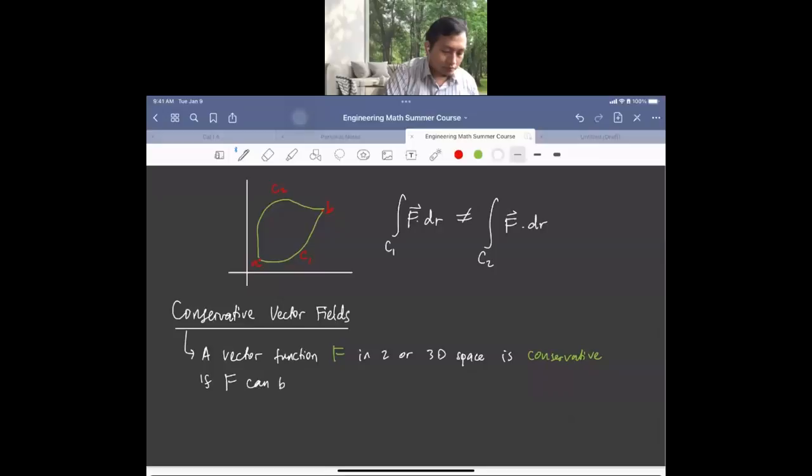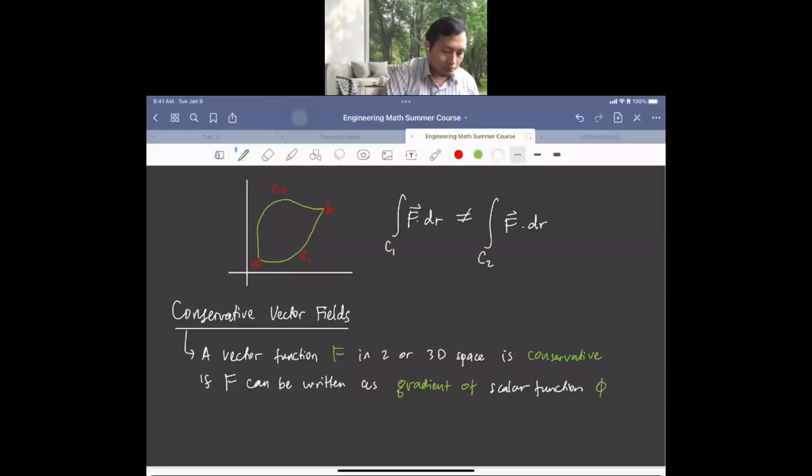if F can be written as the gradient, which means the del, of a scalar function. Sometimes I write small f, sometimes I write psi.